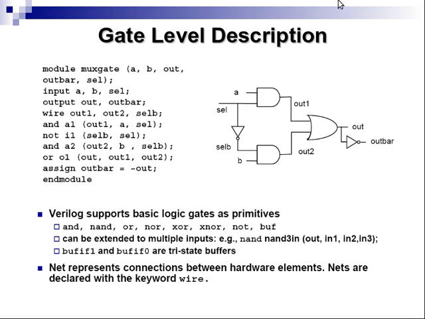So this is how you would design a multiplexer using gates, using AND gates and an OR gate at the end. And you could do that in Verilog writing, like first you would place an AND gate like that, and you name your AND gate as A1, and the first argument is the output, and then the 2 inputs, and so forth, even for your inverter, which is called NOT.